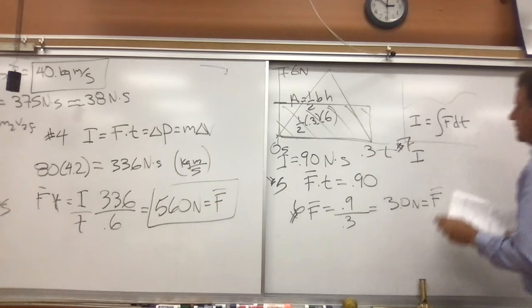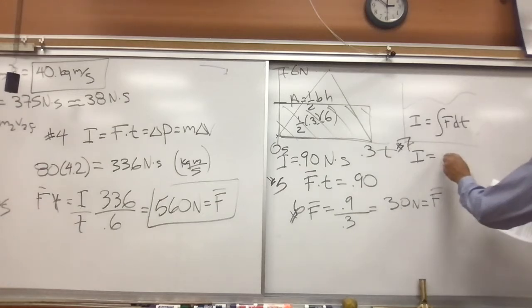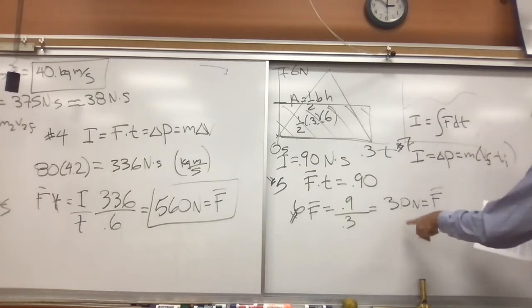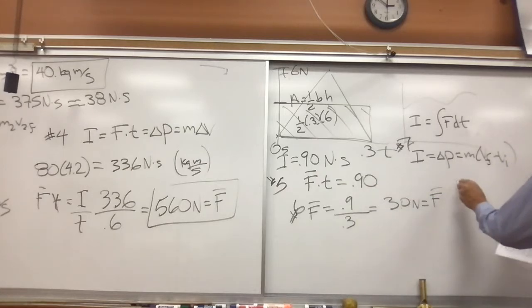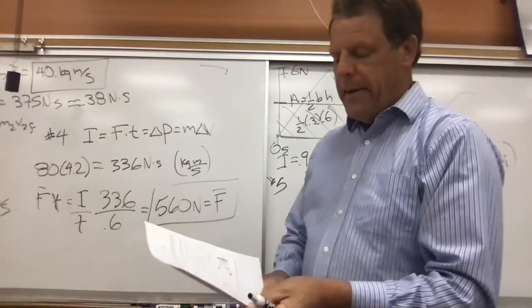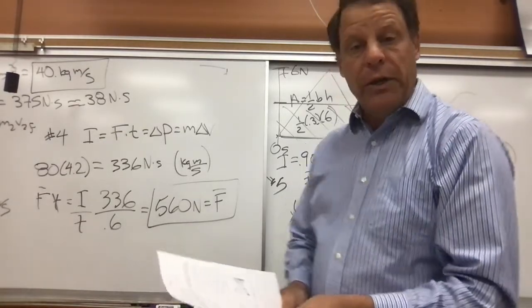This is number 6. Okay, so impulse is equal to the change in momentum, which would be mass times v final minus v initial. So we know that this impulse is 0.9. So 0.9 is equal to, and we need to know the mass of our racquetball, which is 40 grams.